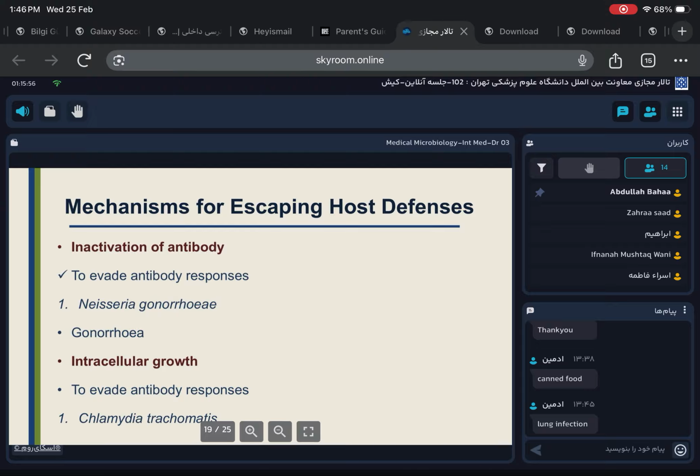There is a part of our immune system which can act against these bacteria. But I'm just telling you that by growing inside the cell, bacteria are hiding from some parts of our immune system. For example, we have Chlamydia trachomatis here. I told you it causes a sexually transmitted disease in humans.